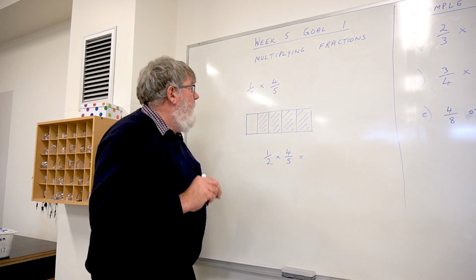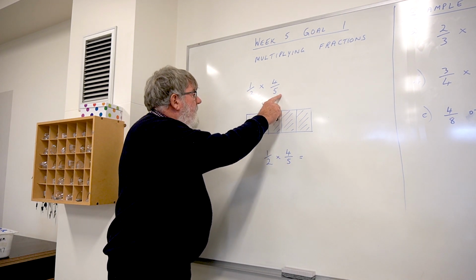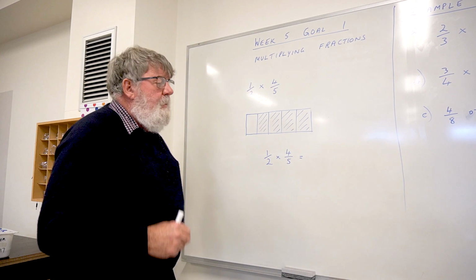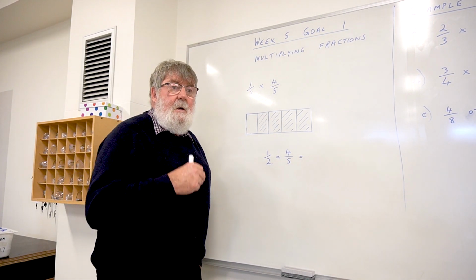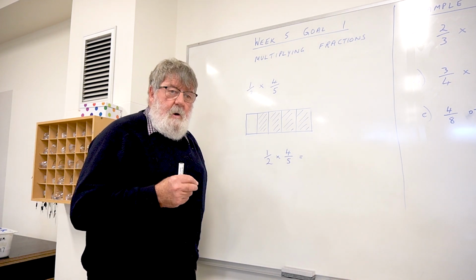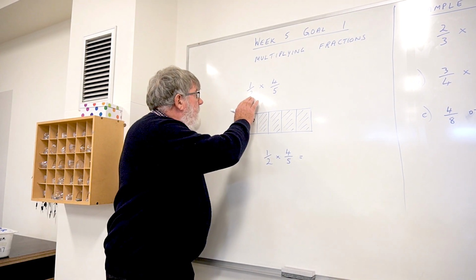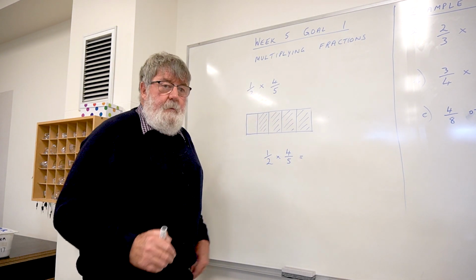So, with that in mind, I'm going to look at multiplying a half by 4/5. You might remember in primary school when you did your tables, 3 lots of 2 is 6. The word "of" is the same as multiply. So, essentially, a half times 4/5 literally means a half of 4/5.